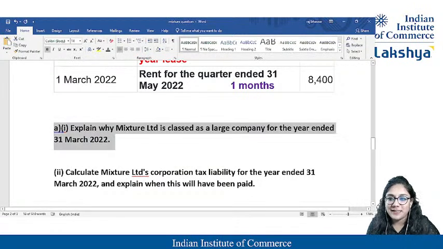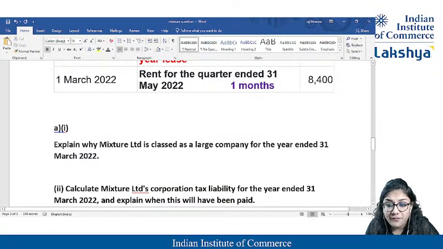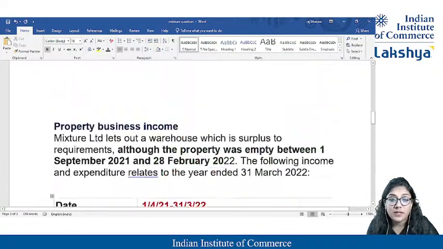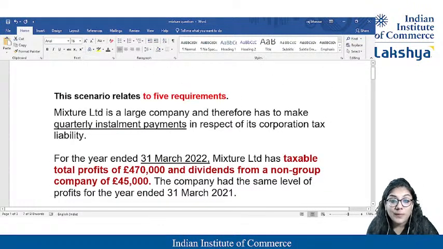Okay, we can start writing the first answer. Explain why Mixture Limited is classified as a large company. We know why it is classified as a large company. If you check the questions, they have invested 51% in two places, and along with that, they have to make their payments quarterly in installments.